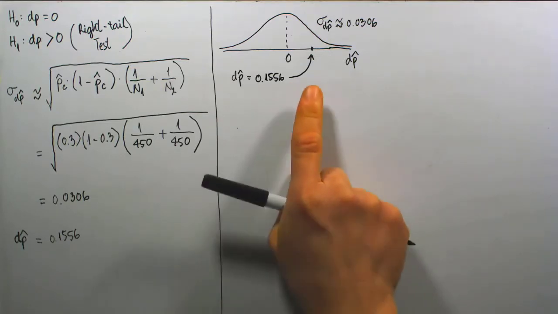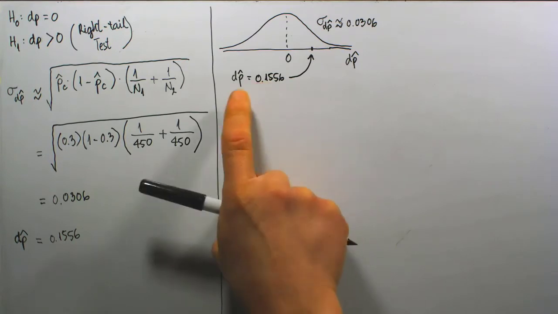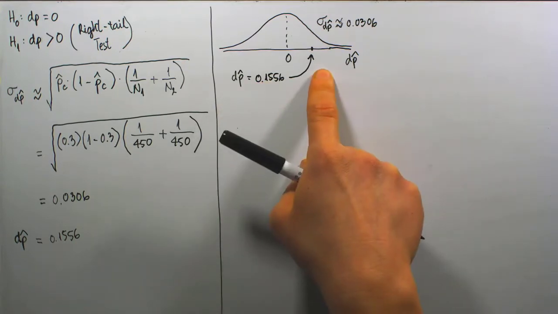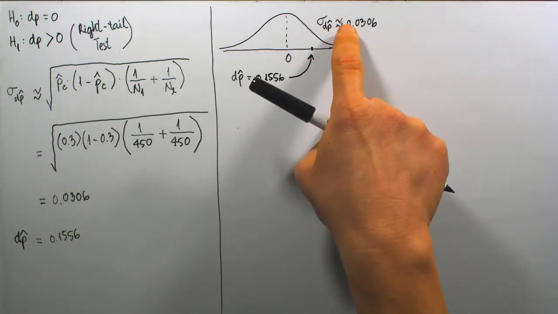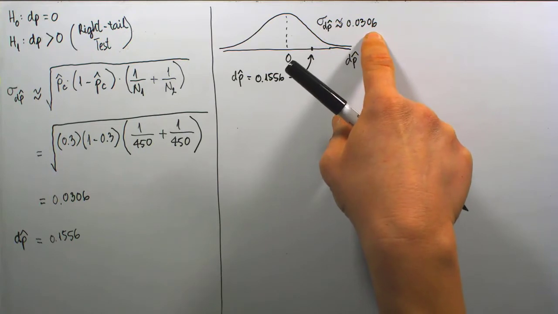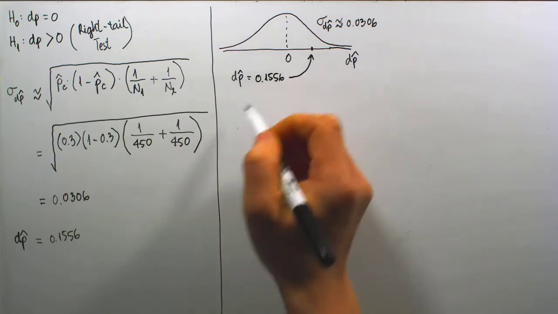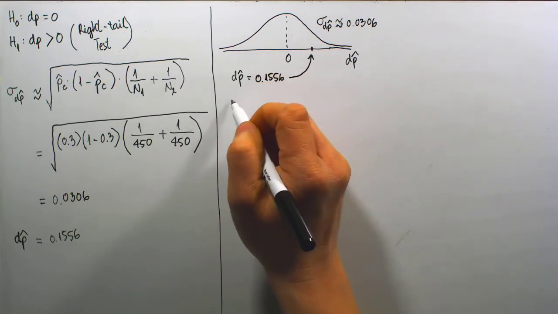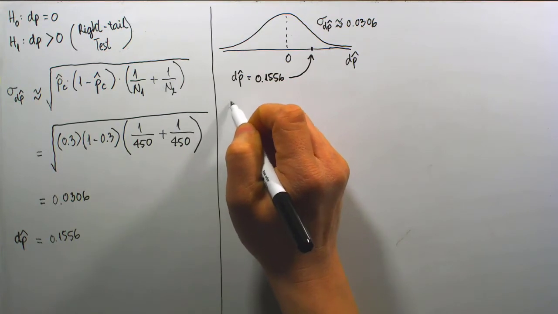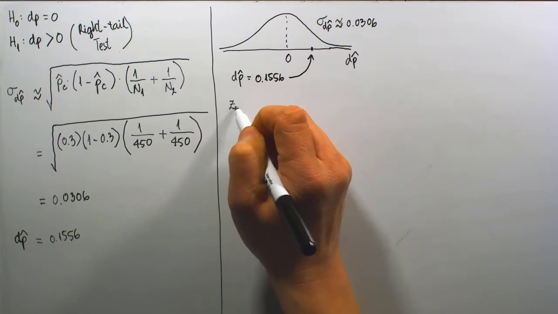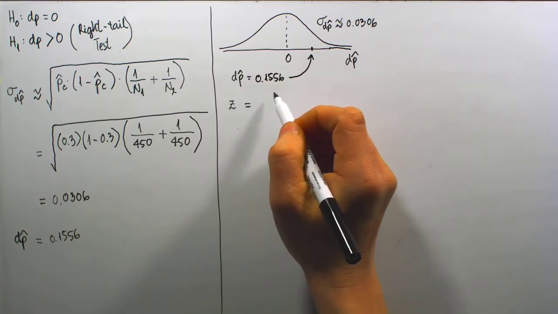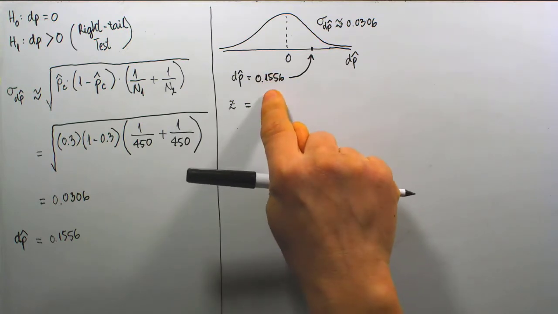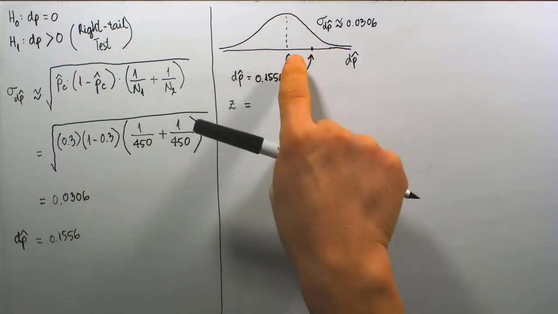And so now, upon realizing that our sample value as a dp hat here can be placed on a bell curve, and this bell curve has an average spread that can be approximated by this calculated value that we have calculated previously, then for this sample value of ours, we can proceed to calculating its z-score. So the z-score for our sample here, just like how we find a z-score for any other value on a bell curve, we're going to take the difference between this sample and the bell curve center.